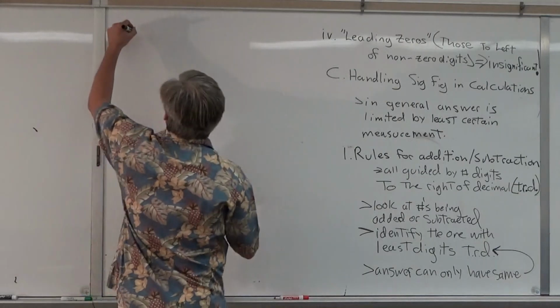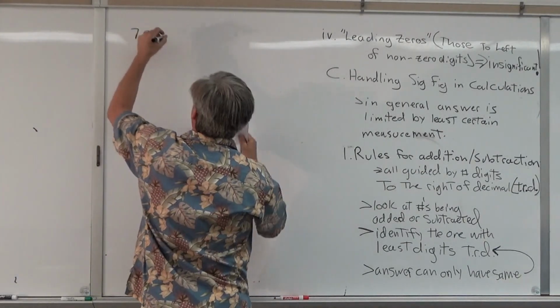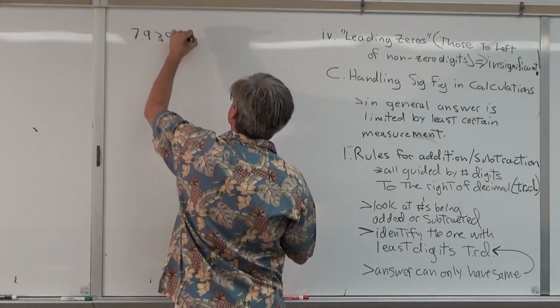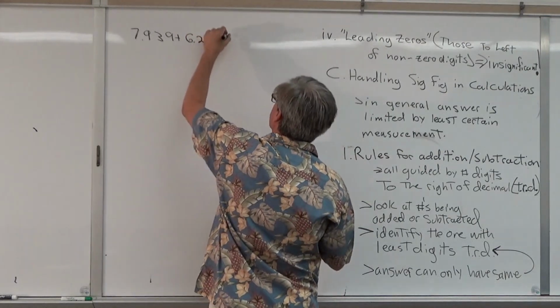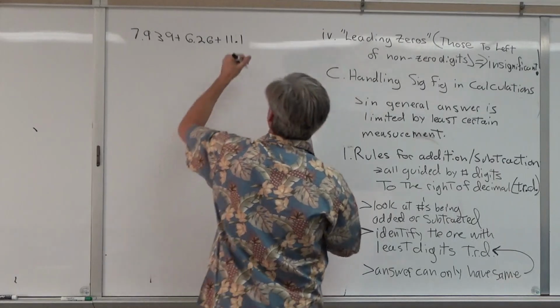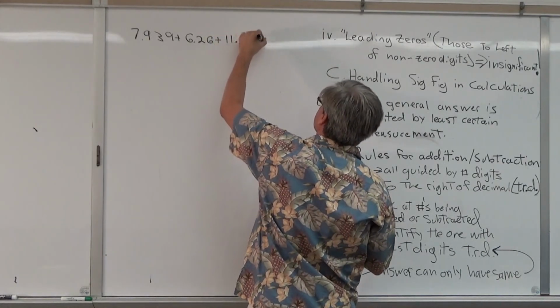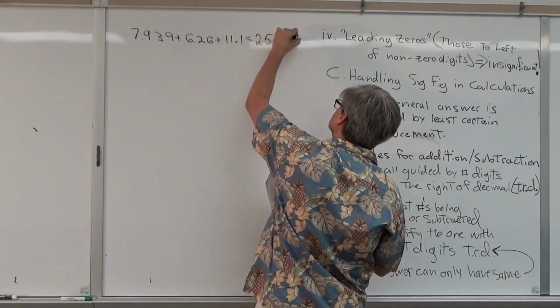So 7.939 plus 6.26 plus 11.1. If you just did all that math without thinking about the sig figs, you'd come up with 25.299.